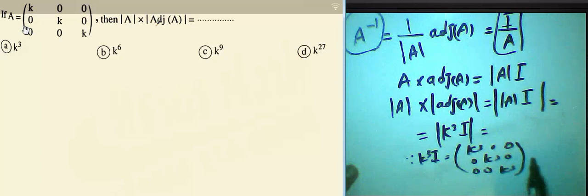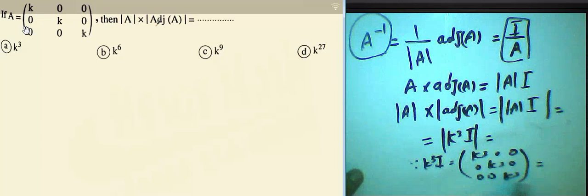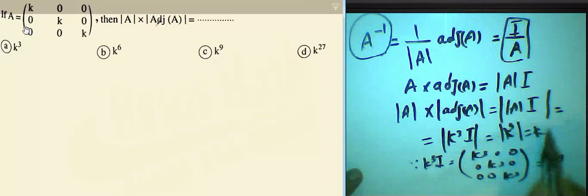Then we find the determinant of these diagonals: k cubed times k cubed times k cubed equals k to the power 9. The result will be k to the power 9. Okay, understood? The result will be letter C.